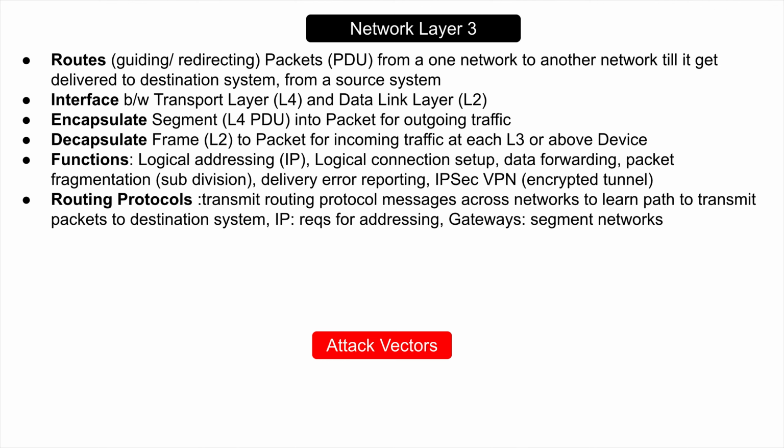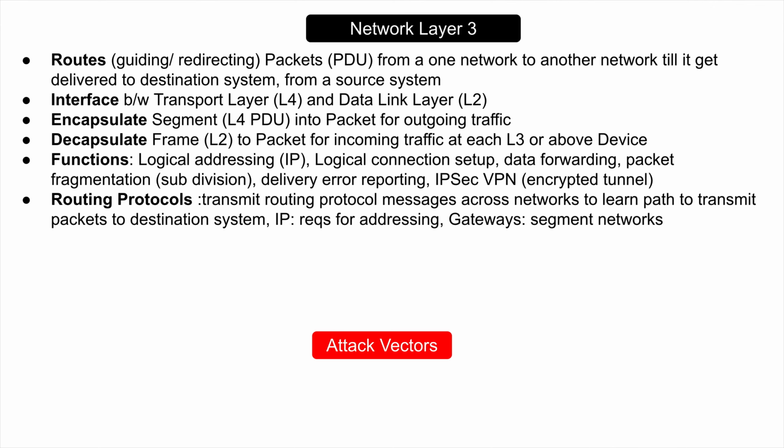There are various routing protocols that operate at the network layer, and routing protocols transmit routing messages across the network to learn the best path to transmit IP packets to the destination system.